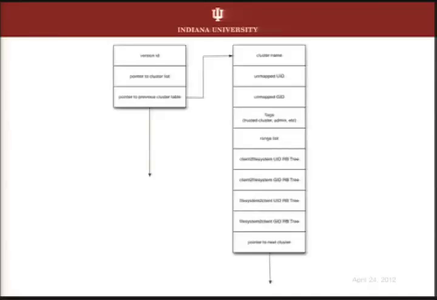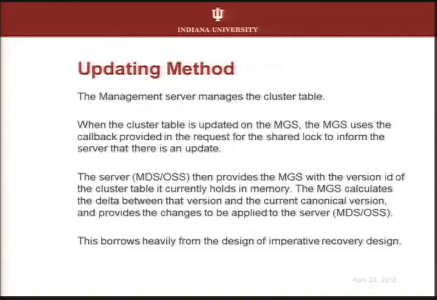To update the servers, when OSS and MDS nodes come up, they obtain a shared lock on the cluster table. And when that cluster table is updated on the management node, it performs the callback that's given in the lock and tells the MDS and the OSS nodes, hey, I've changed, you need to update.